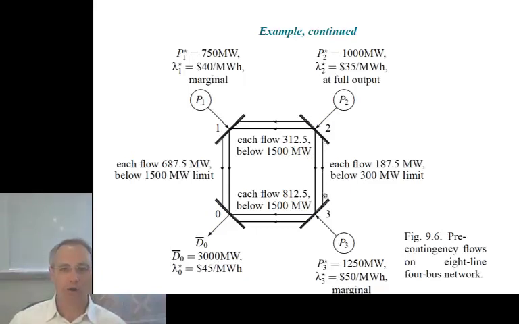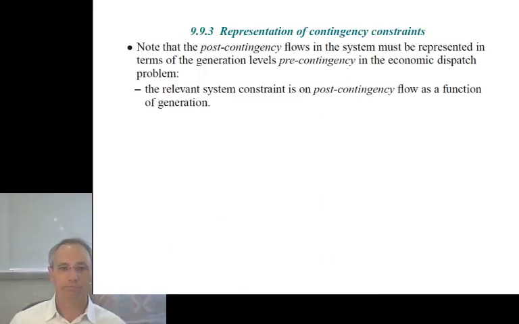In particular, on each of these lines joining 2 to 3, the flow on the line is only 187.5 megawatts, which is well below the 300 megawatt limit. The total flow on this corridor happens to be 375 megawatts, which is a little bit higher than the post-contingency flow.